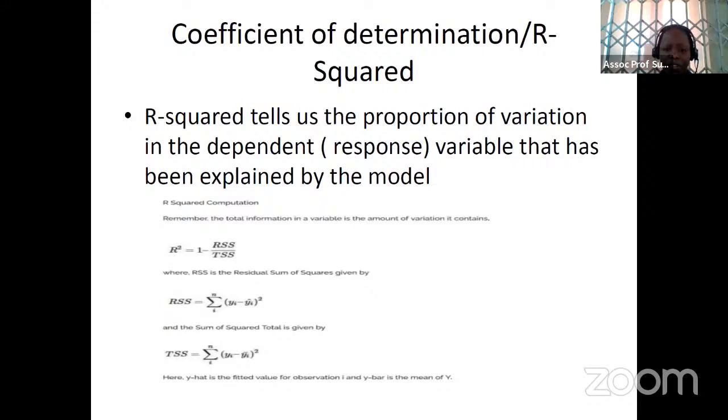R squared, the coefficient of determination, tells us the proportion of variability in the response explained by the model. So when we conduct our regression, we are able to know how much variability has been explained in the response.